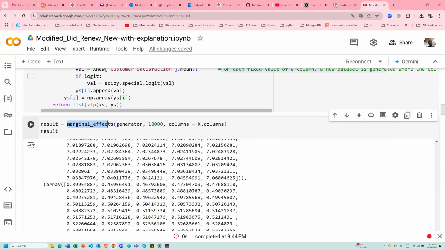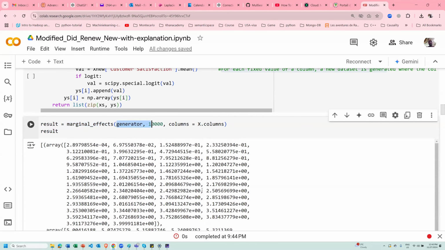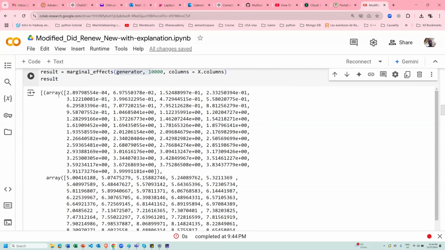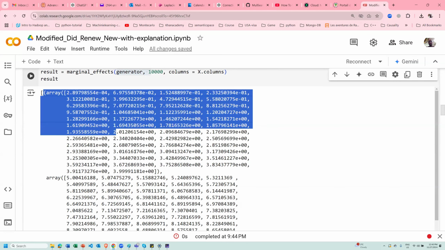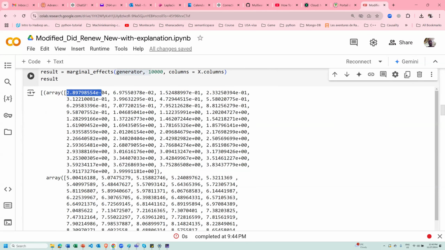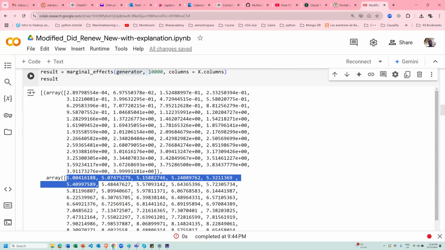So here we are just calling marginal effects and passing these. What does it give us? This is the output of marginal effect. We have two arrays with two parts. The first one is the real values of the data set, the values when we create the data set. The second one is the corresponding value of marginal effect for these values.